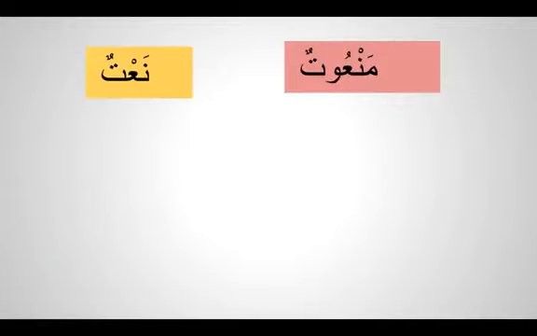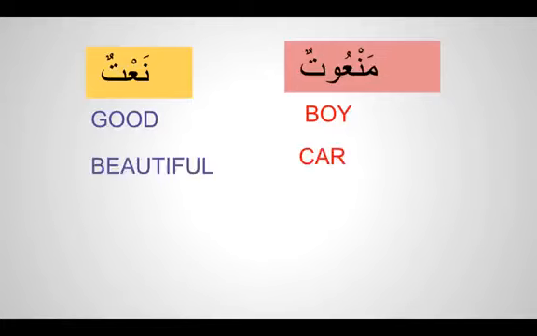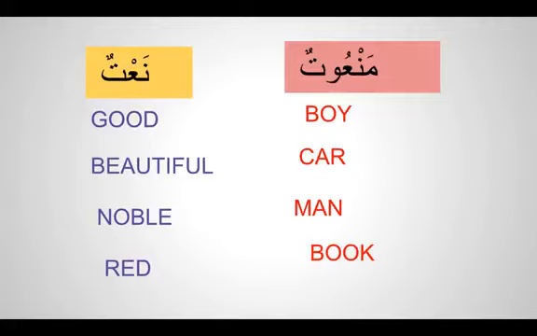In English, if you see the way it is written, we have a good boy. The adjective comes first, that is good, and the person or the object being described comes next. So we say he is a good boy, this is a beautiful car, he is a noble man, this is a red book. Here the naat comes first and then the man'ud. Let's see how we write in Arabic.